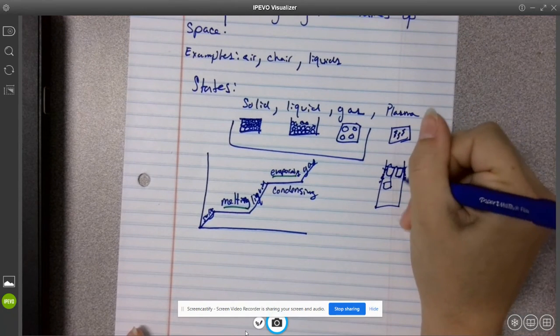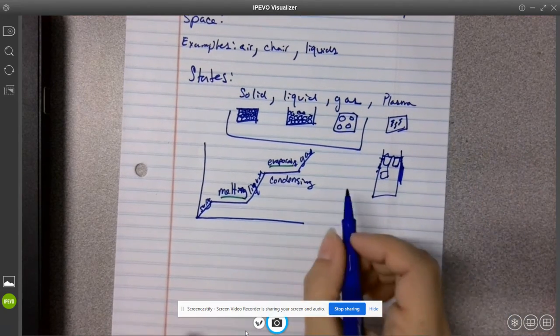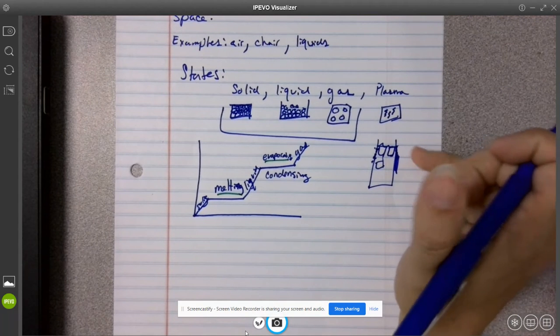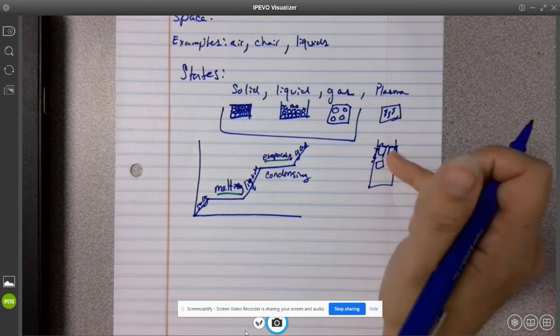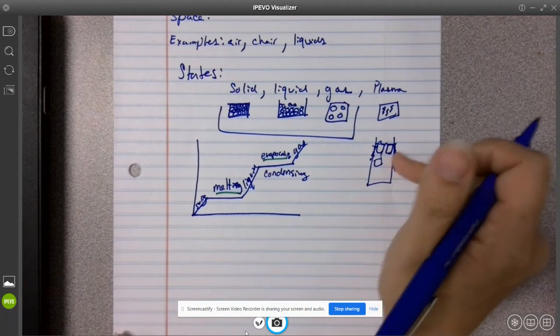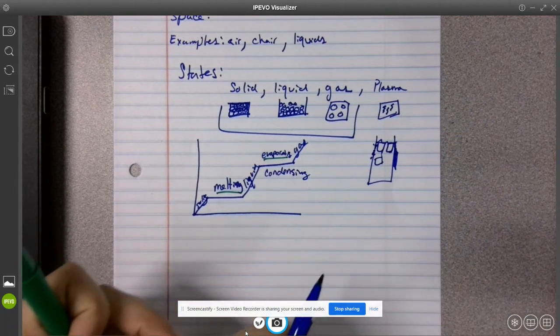And sometimes the water will run down. That is your condensation. That's a form of condensing. The gas molecules around are being affected by the temperature of the ice, and so the air around the glass would start to go back to a liquid form.